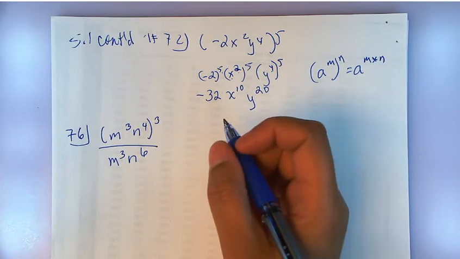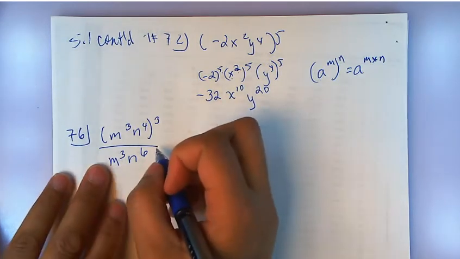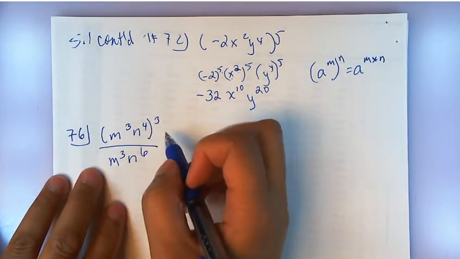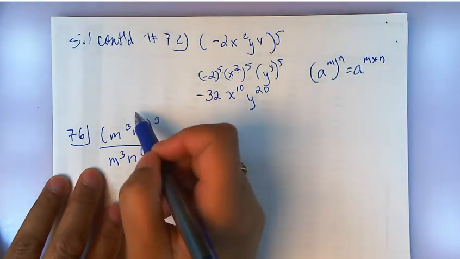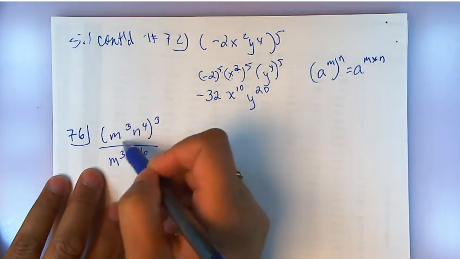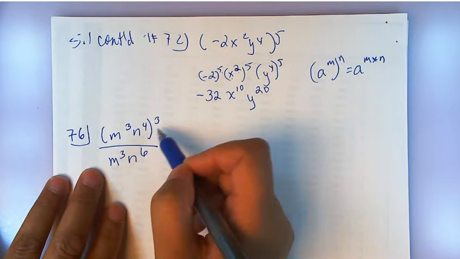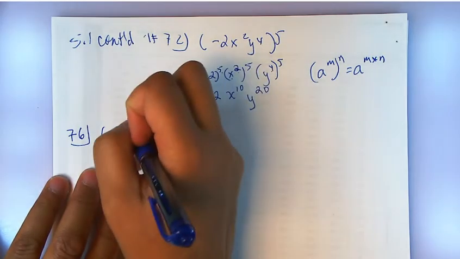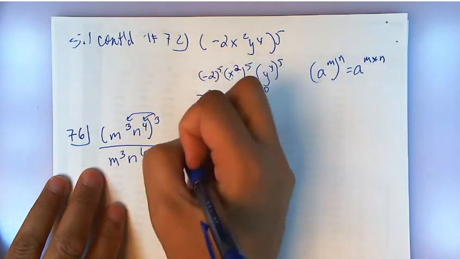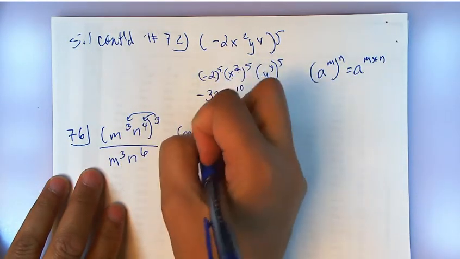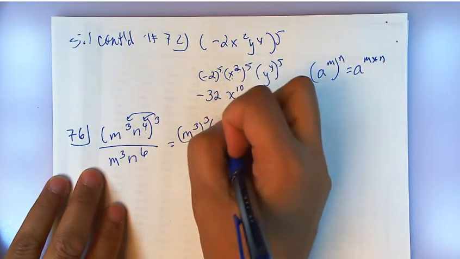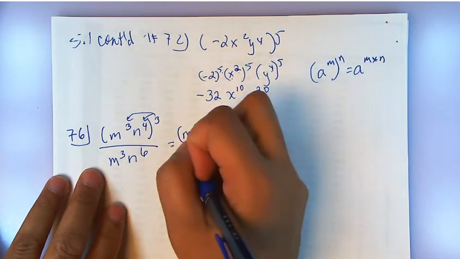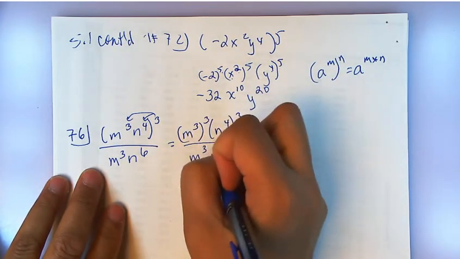So what do you think we should do first? Well, we notice that this base right here is not the same as the base down here. So the first thing we need to do is get rid of our parentheses. So I'm going to take the third power to each one of those, and that becomes m to the third to the third, and then n to the fourth to the third, over m to the third, n to the sixth.